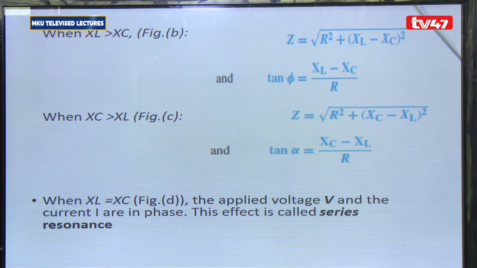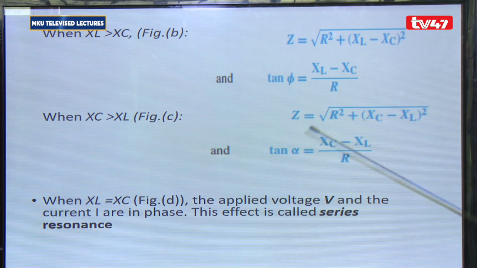Of course, the tan of the angle is given by the opposite over adjacent, where the opposite is the difference in the reactances and the adjacent is R. The same case with this.